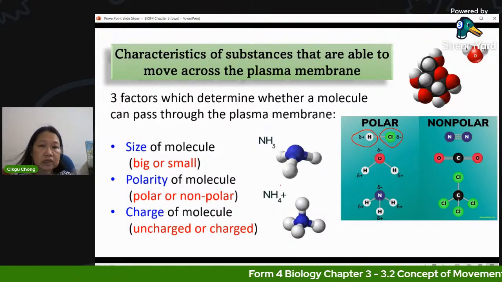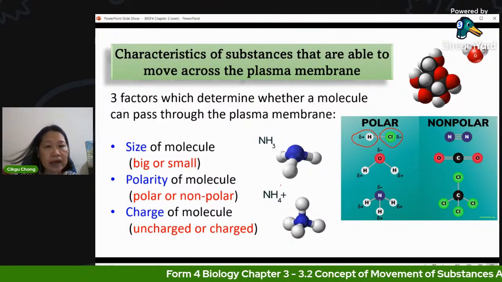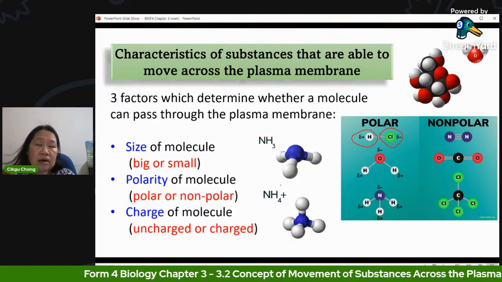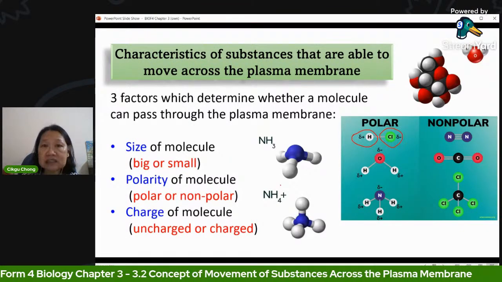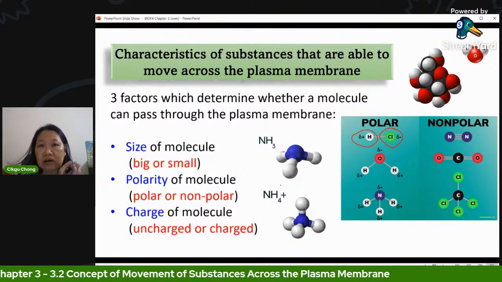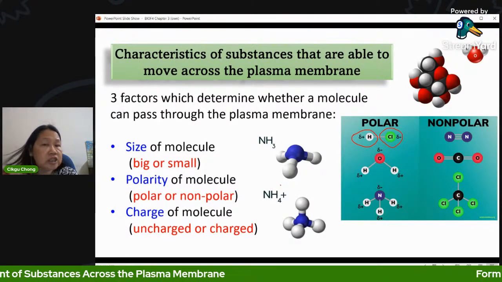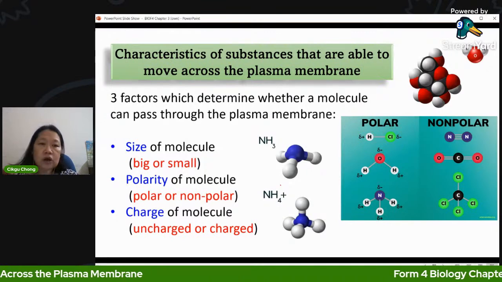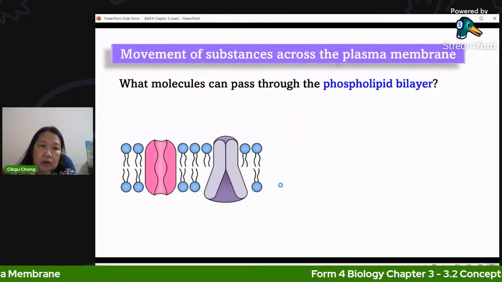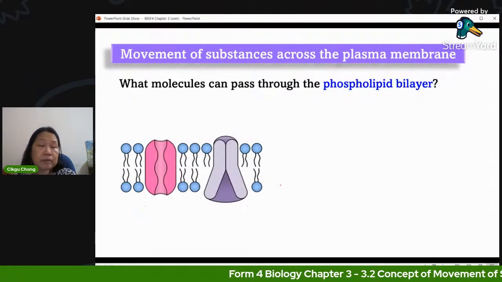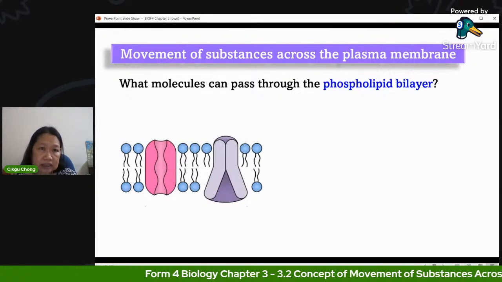These determine whether it can pass through the plasma membrane and through which method or part. Does it pass through the phospholipid bilayer, or does it need to go through the transport proteins? Now, what molecules can pass through the phospholipid bilayer? You have to memorize this.